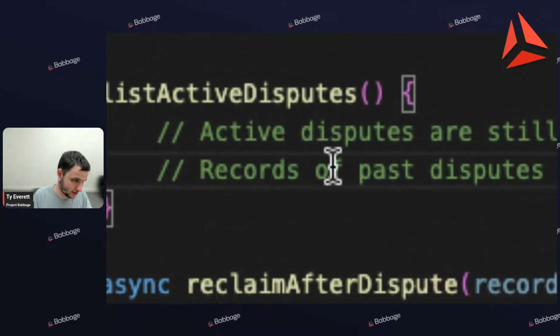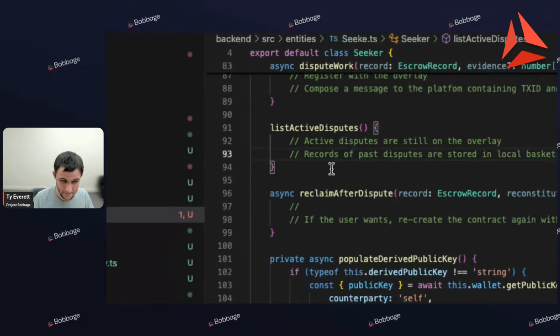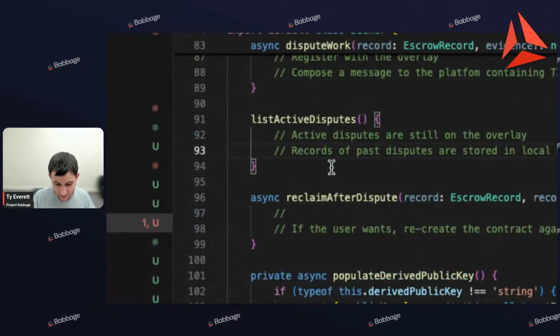So we're going to use every state management system. Messaging between the parties when there's a dispute. Local baskets for historical record keeping after a dispute.